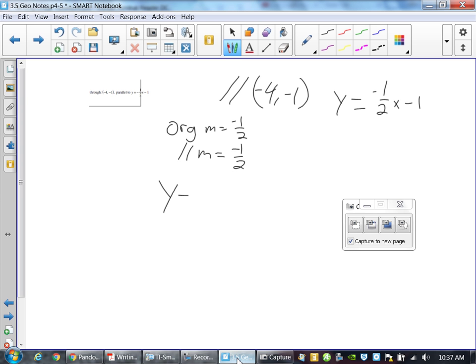I get y plus 1 is negative 1/2 x plus 4. And why did I write it automatically as plus and plus? It's the negative. Might as well make it a little bit easier on myself. Distribute and add.